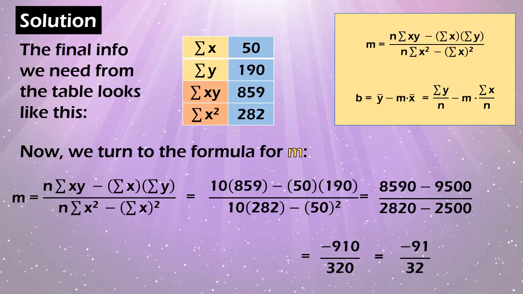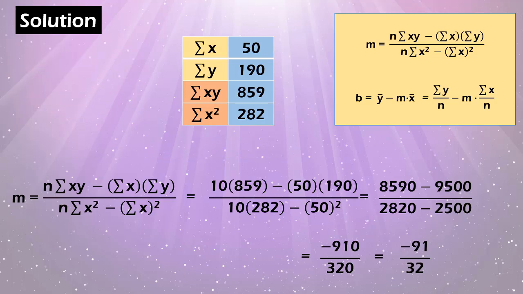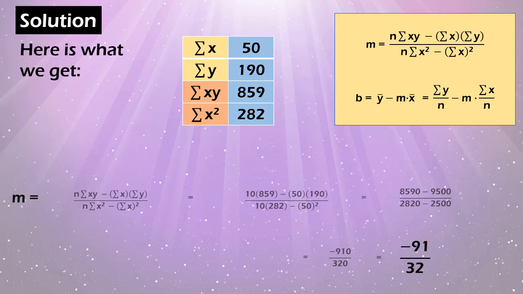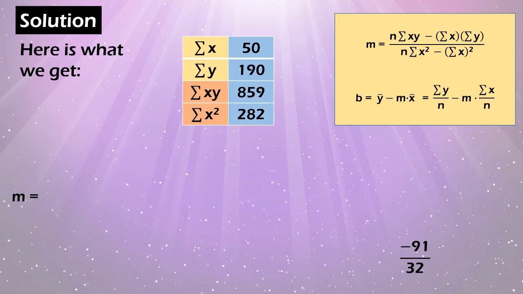Again, fractions give us a nice complete value, whereas decimal approximations will either lose some value or gain some value, so the fraction is usually the better answer. Let's go ahead and find the value of b. So we'll get rid of this stuff and just keep what we need, that m is equal to negative 91/32.